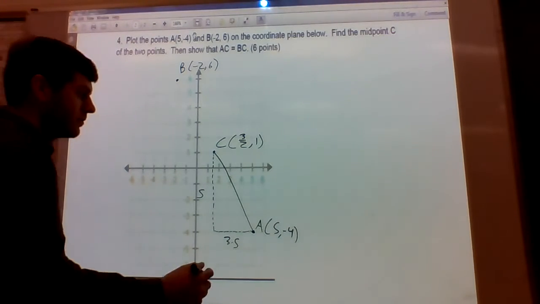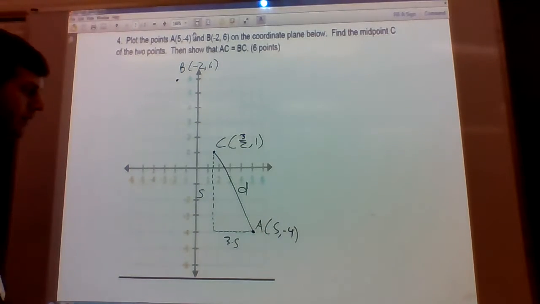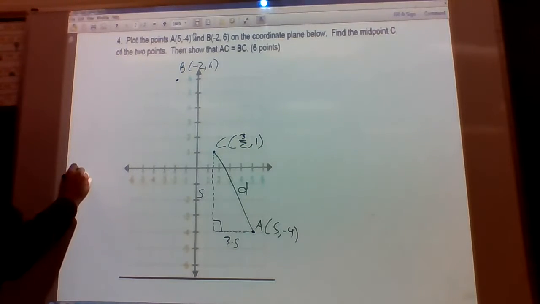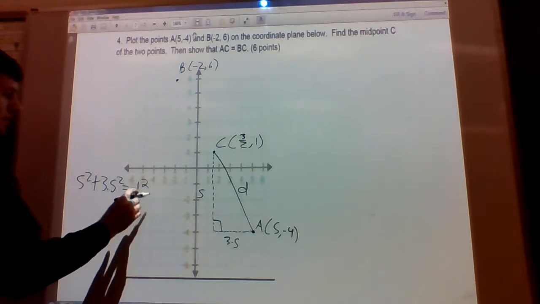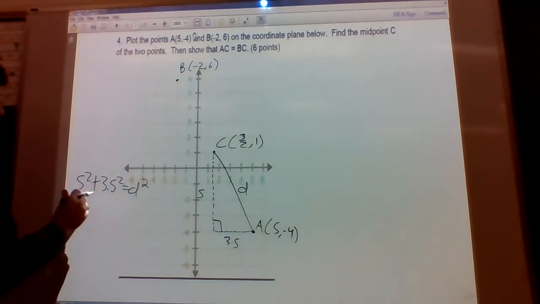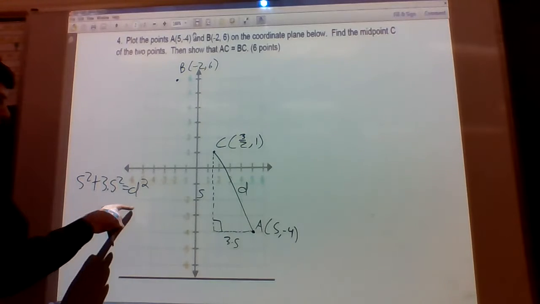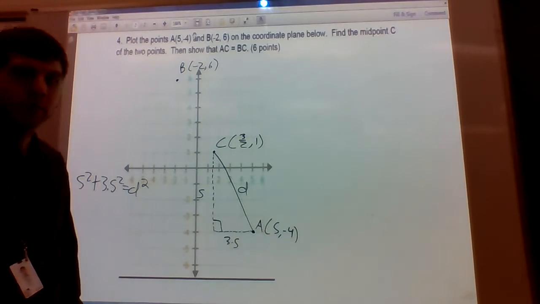If we called this D, the distance, we have a right triangle. So if you use the Pythagorean theorem, 5 squared plus 3.5 squared is going to equal D squared. We can then square root both sides, solve for D. Okay, that's one way to do it.